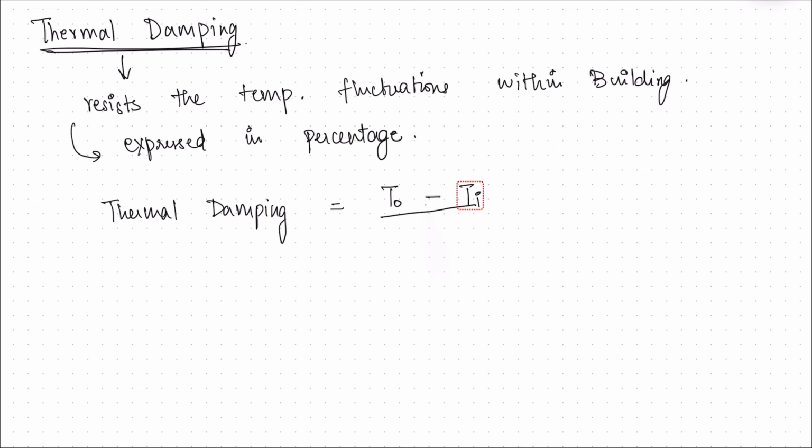So TO is your outdoor or outside temperature range, and TI is your indoor or inner temperature range.